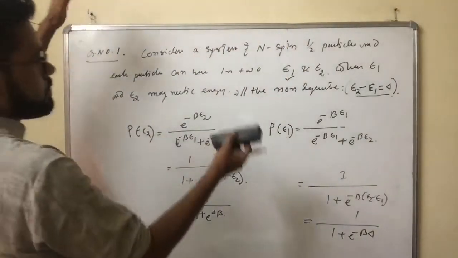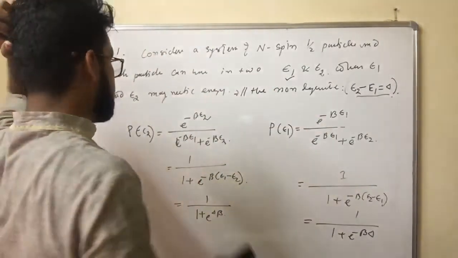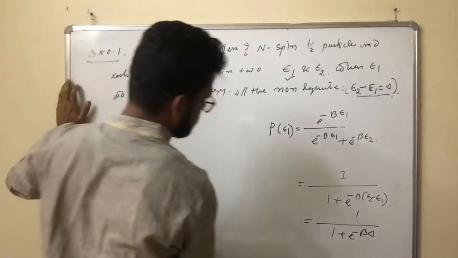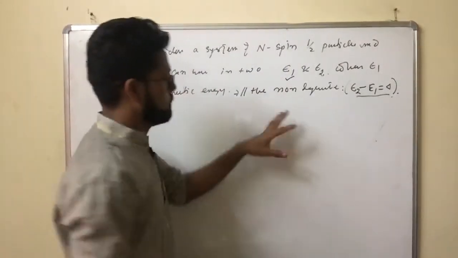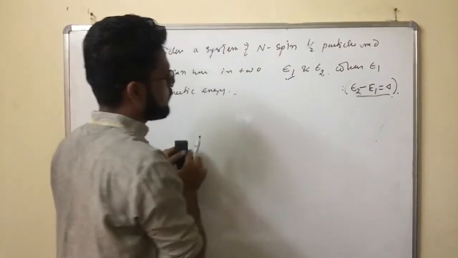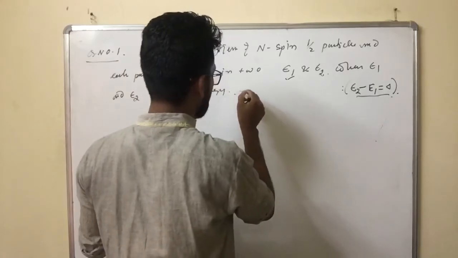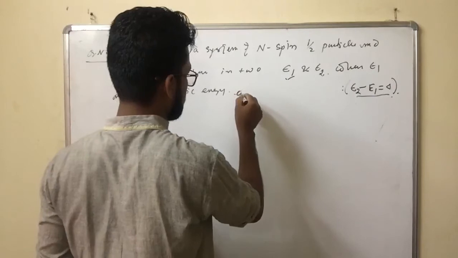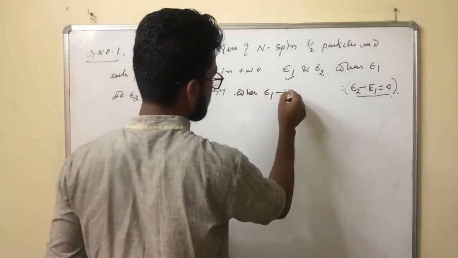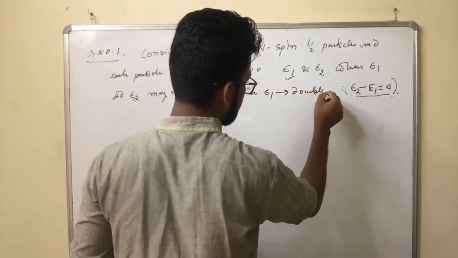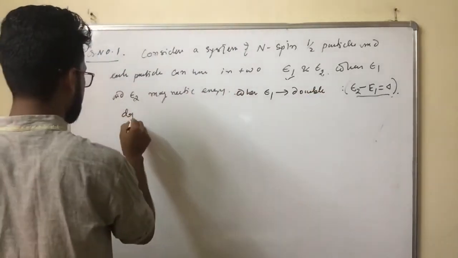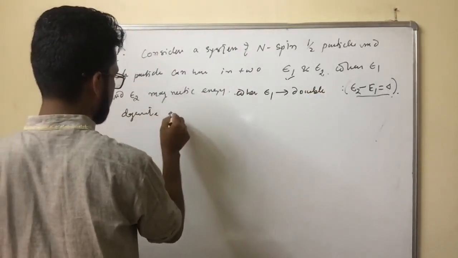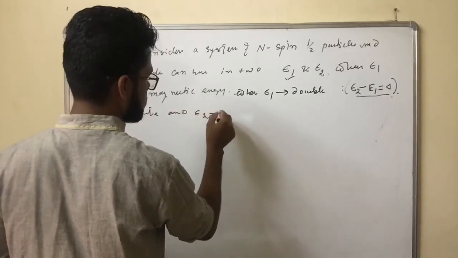Now, this is the basic theory. Same problem, I will modify. The question is the same, but I will modify one part: when E1 is doubly degenerate and E2 is non-degenerate.